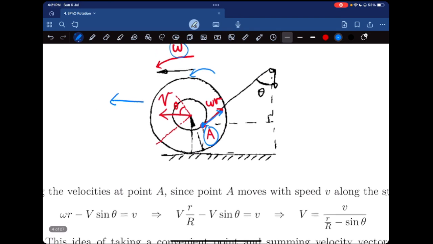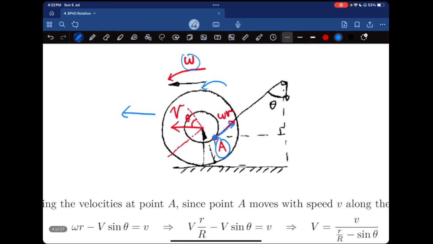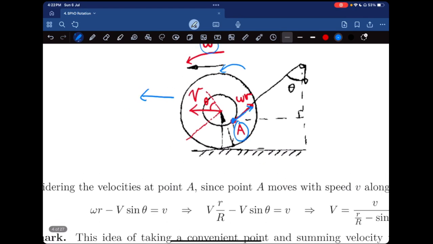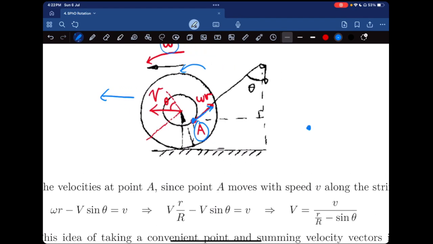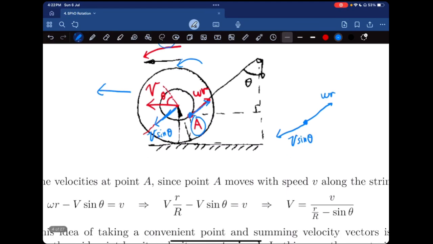So now that you have this, you can simply just write the constraint relation for the velocity at point A. And you have a vector of omega small r here. Then you have a vector of big V here. And this means that you have a vector of big V sine theta here, which means that you have a vector of big V sine theta here.